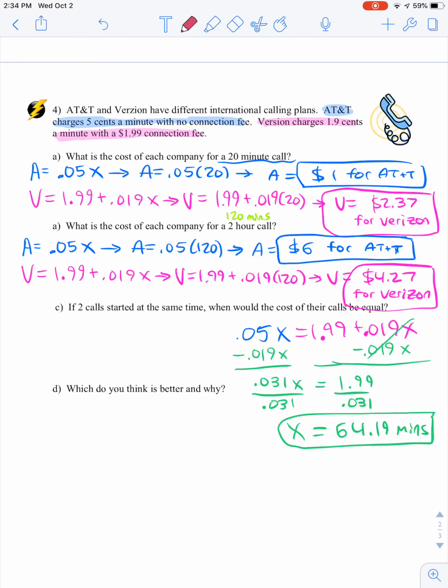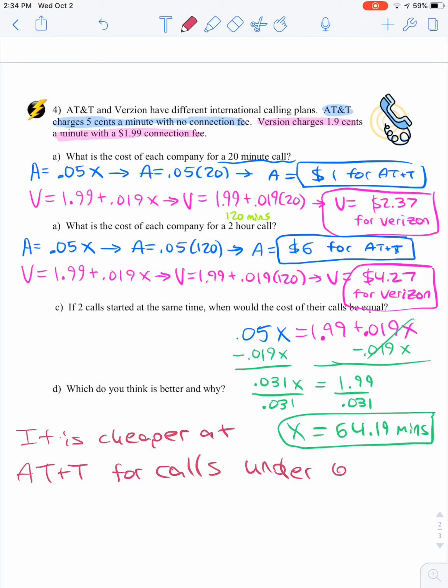What we're going to say is it is cheaper at AT&T. Remember, it's only $1 for a short call. At AT&T for calls under that 64-minute mark.